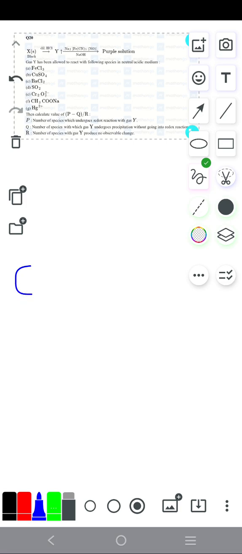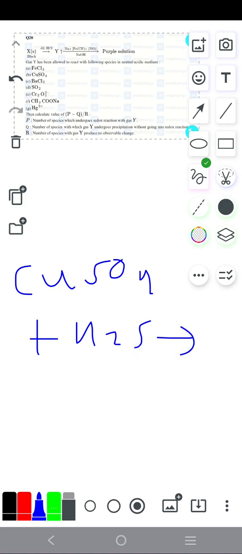The next part is the reaction of CuSO4 with H2S. Now Cu2+ is one of the cations which react with S2 minus to form metal sulfides as precipitate. So CuS will be formed, which is actually black in color. So will this also be a redox reaction?